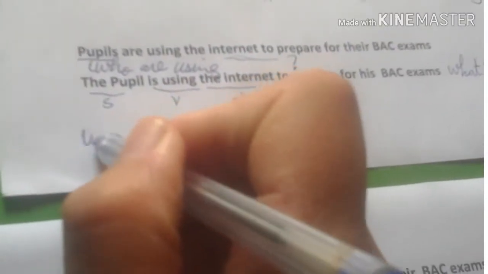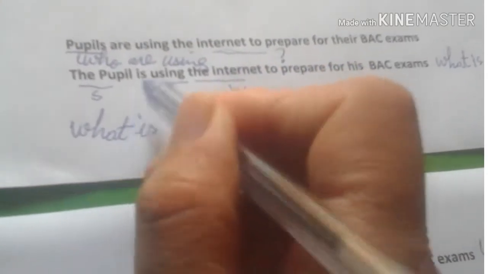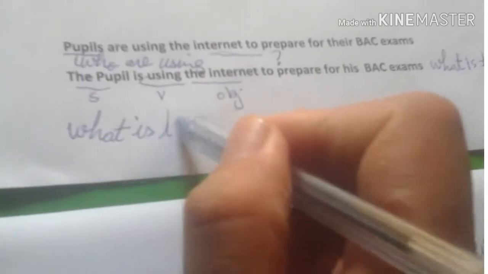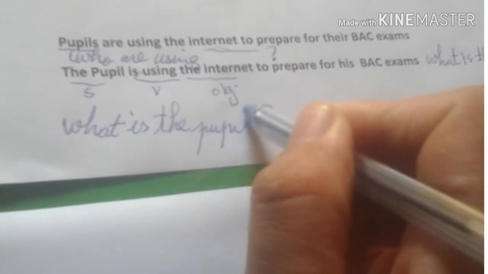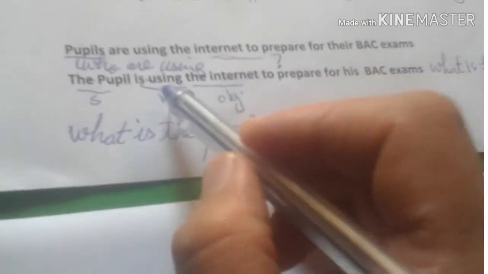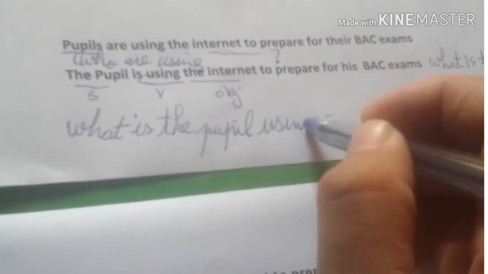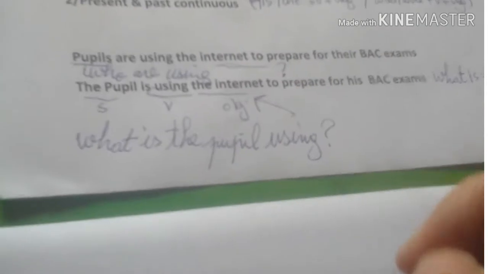We say what is plus the subject, what is the pupil using, as it is written. This is to ask about the object. What is the pupil using?